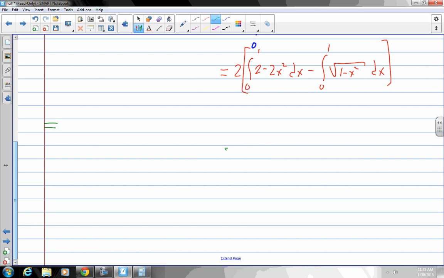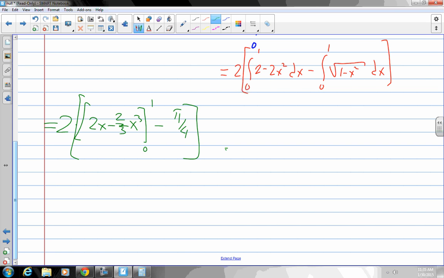So that's just 2 times, and I can do the first one: 2x minus 2/3 x cubed, evaluated from 0 to 1, minus pi over 4. I'm just going to write pi over 4 there because I know the value of that integral.